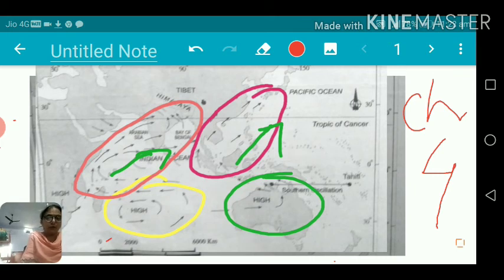By the middle of July, the low pressure belt nearer the surface is termed the ITCZ zone.